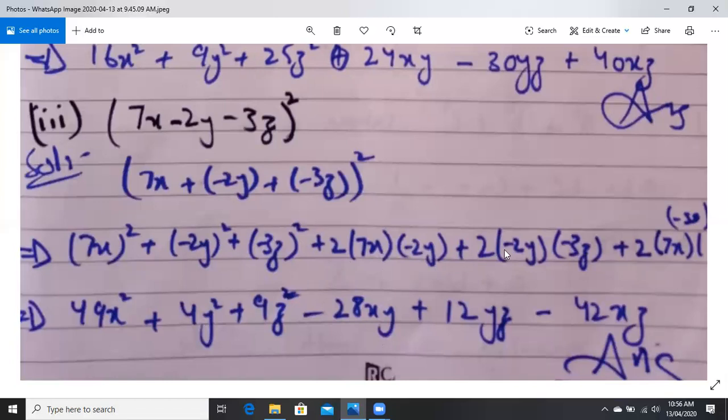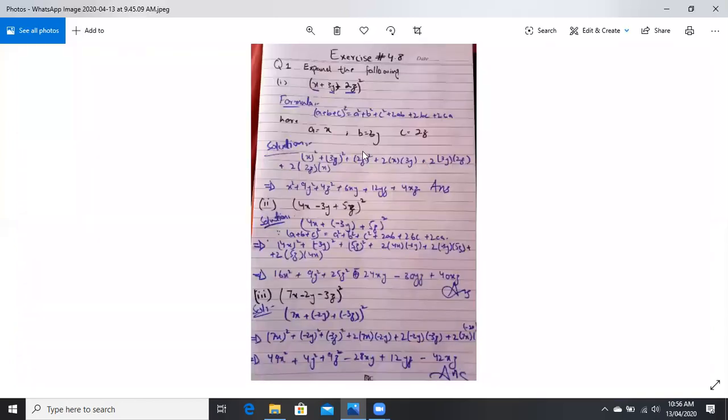Here minus minus plus 3 times 2 is 6, 6 times 2 is 12, y multiplied by z is yz. Here plus minus minus 7 times 2 is 14, 14 times 3 is 42, and x multiplied by z is xz. This is also the answer. So now moving towards the next question.